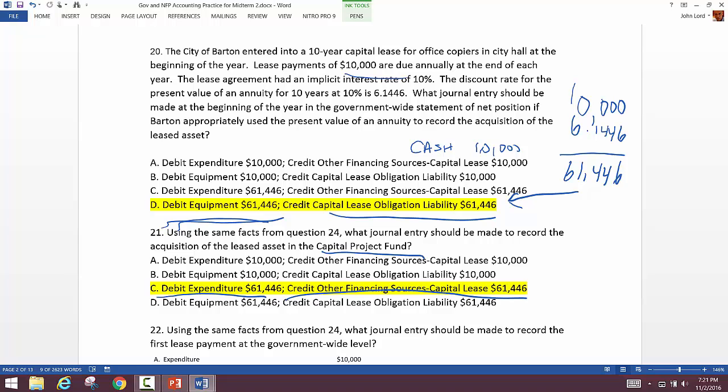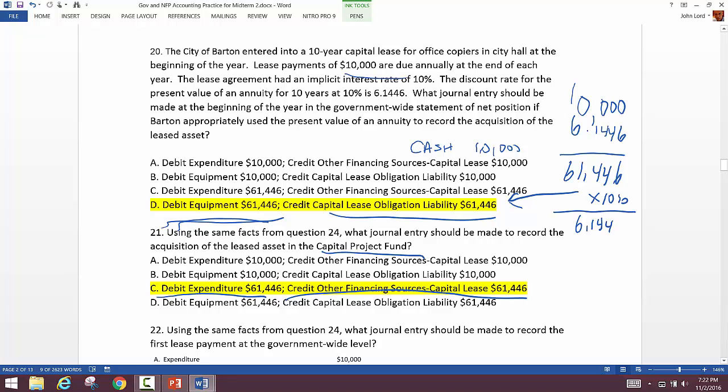So if I borrowed money, do I have to pay interest on it? If the present value of those lease payments was $61,446, then I have to multiply that $61,446 times 10%, which is the interest on that, isn't it? So 61,446 times 10% is 6,144.